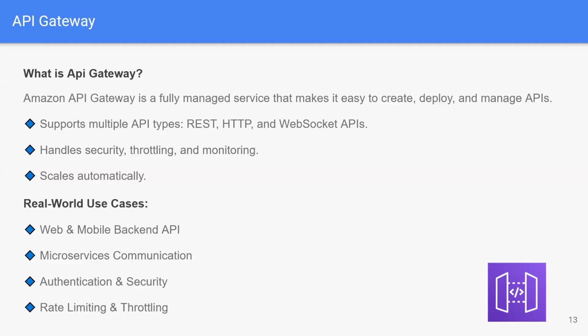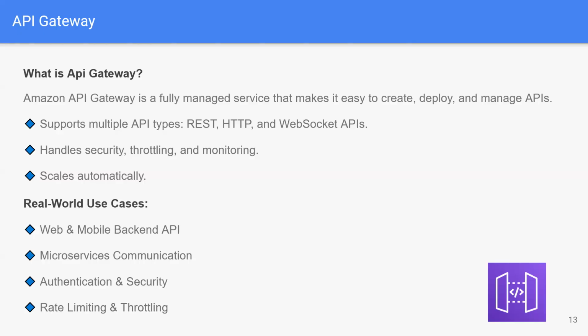If you go through the API Gateway key features, there are multiple API types, including REST API, HTTP API, and WebSocket API. Using WebSocket API, you can send notifications from the front end. And it manages security and access control also.